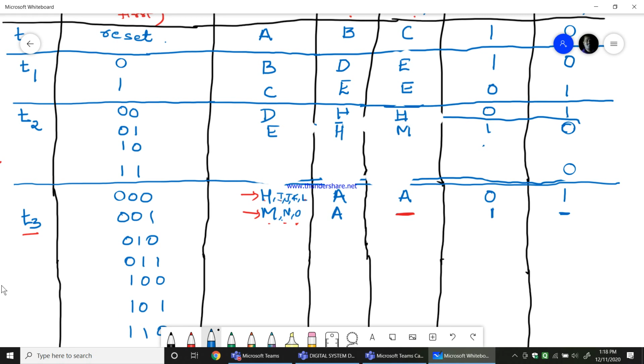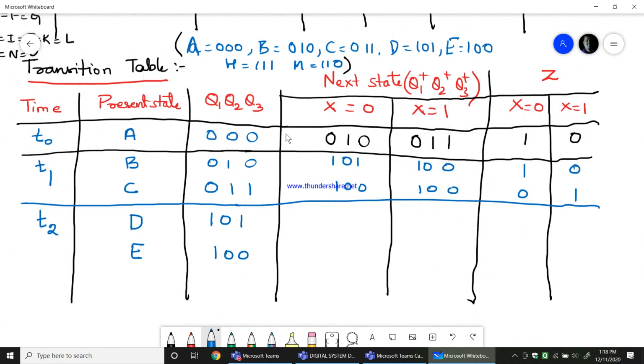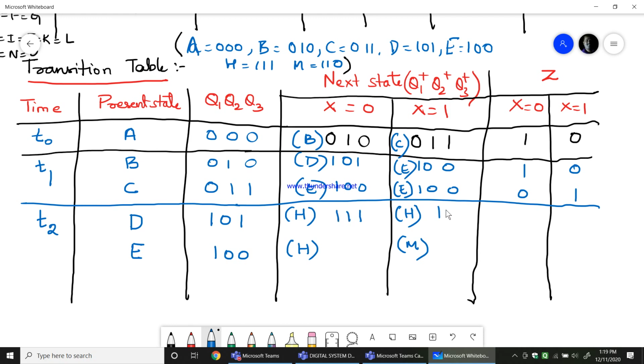So therefore, I'll just write here. I think you will come to know this is B, this is C. So for B and C we got D, E, E and E, whereas for D and E we get H, H and then H and M. H is 111, so 111, 111, 111 and M is 110.